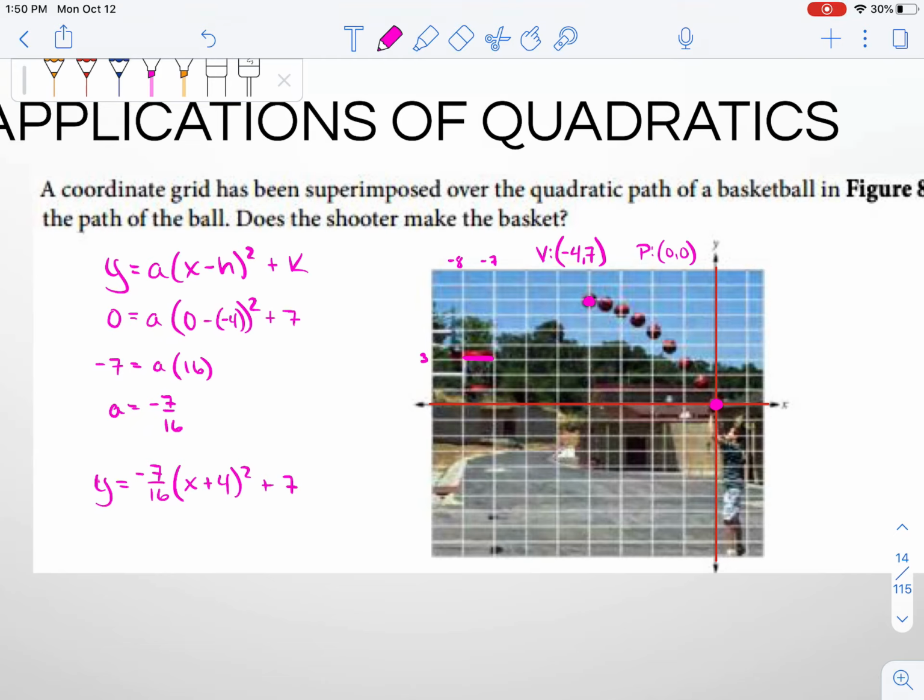Now again, I want to know, and there are a couple of ways I could go about this, between -7 and -8, does my ball pass through the y value 3? Or I could substitute in the y value of 3 and solve for the x's and figure out exactly where we cross.